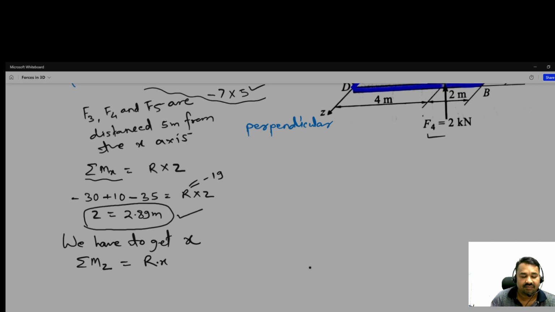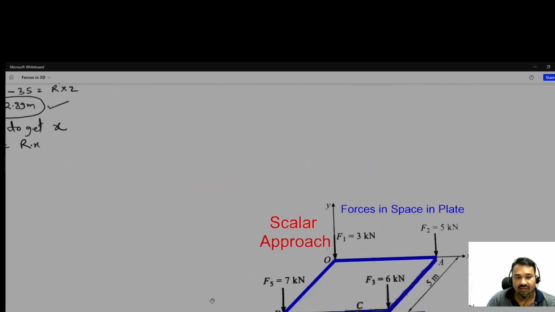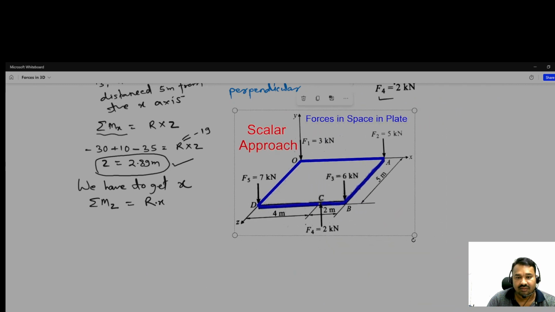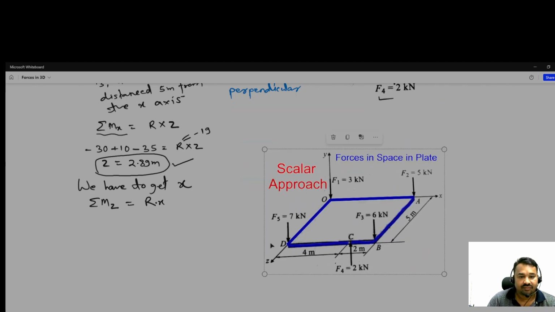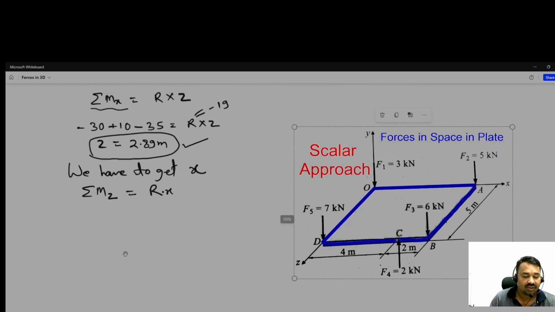So that is equal to, once again copying and pasting that, this. So this is how to get the moment about z.